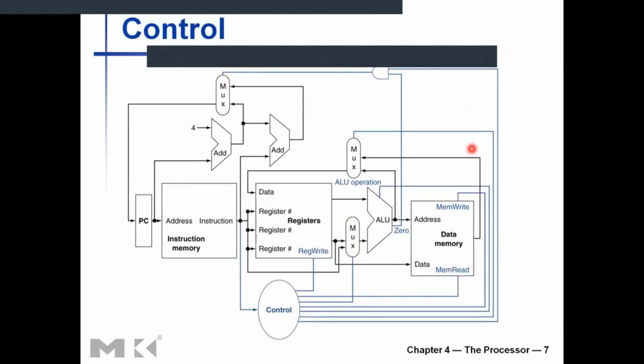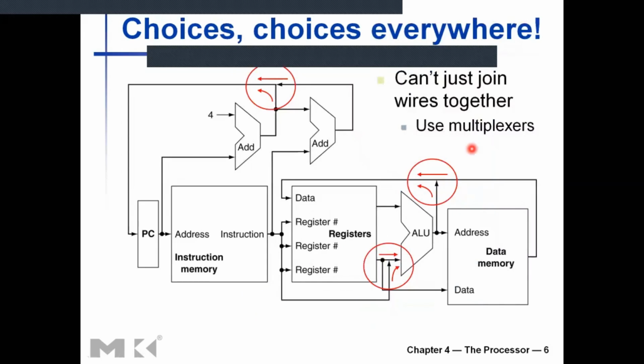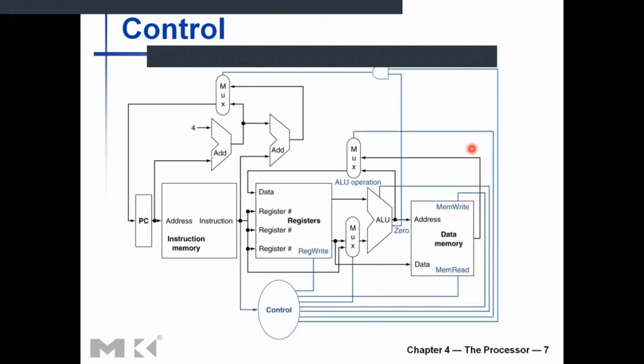Now this is the same diagram, replacing those choices here, the red circles that you have here, with multiplexers. So you can see we have a multiplexer in the instruction fetch mechanism to decide whether we are incrementing the address by 4 to go to the next instruction in the sequence, or whether this is a branch or a jump instruction where we will be jumping to a different target.